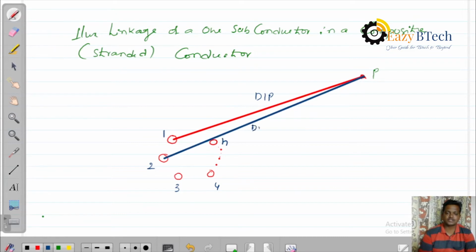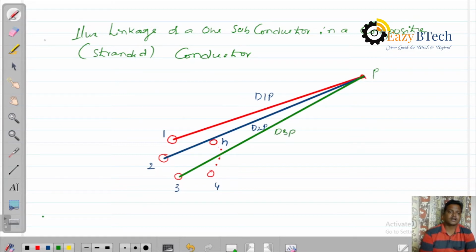The distance from the third subconductor to point P is d3P.